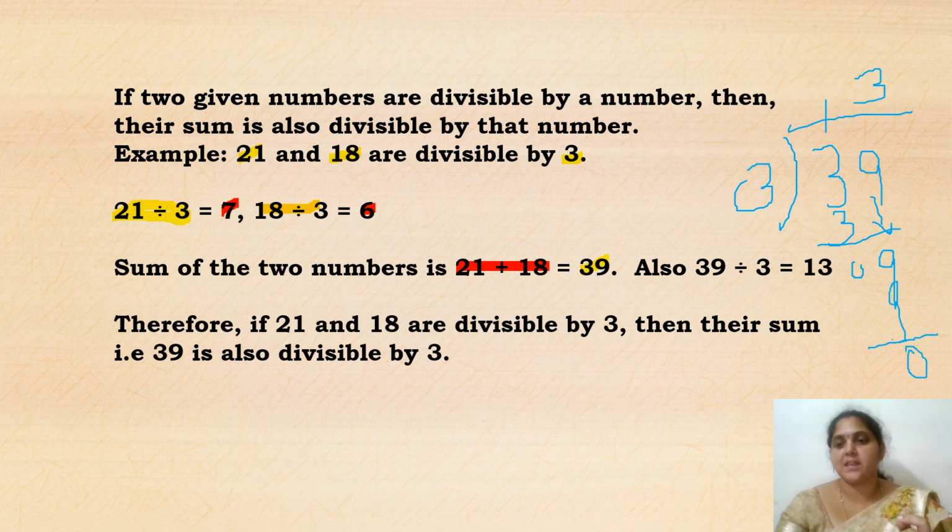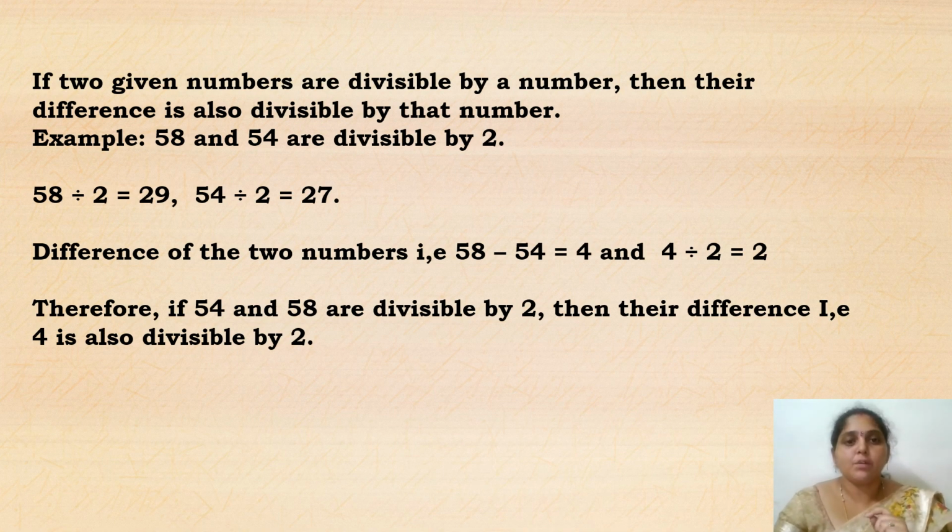So it is dividing the number exactly. So the sum of the two numbers we have taken is exactly divided by the number 3. Right? Therefore, 21 and 18 are divisible by 3, and the sum of the two numbers is also divisible by 3.